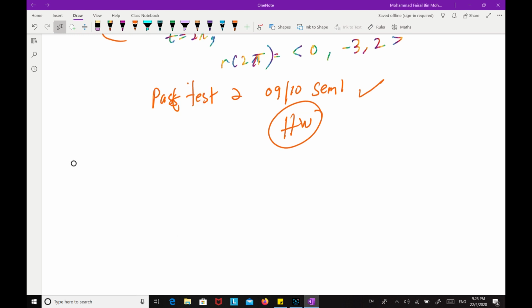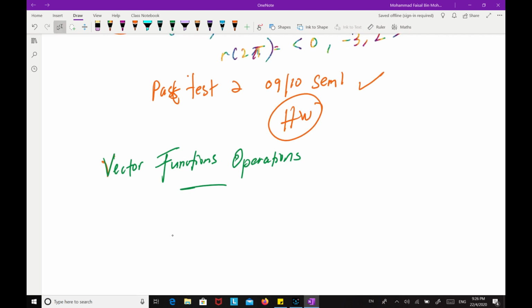Okay, next will be vector functions operations. Okay, for vector function we can use any letter, for example r(t), or somehow they use R cap, f(t), or F cap t.